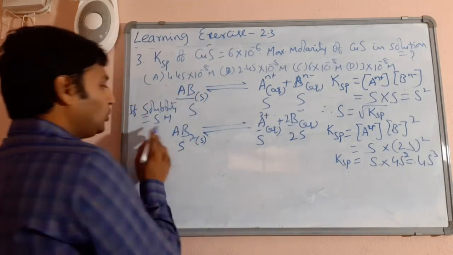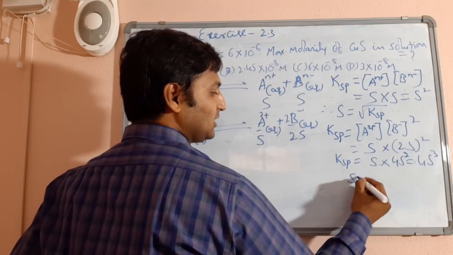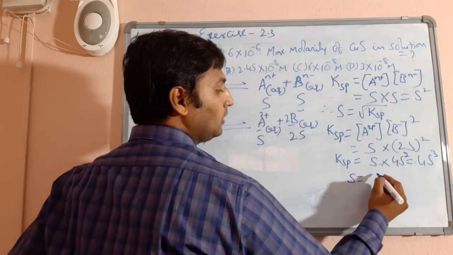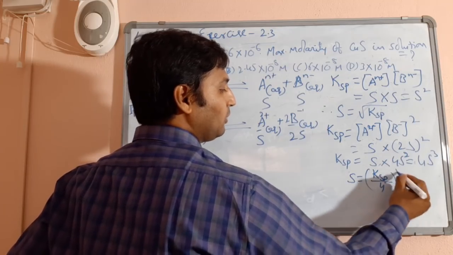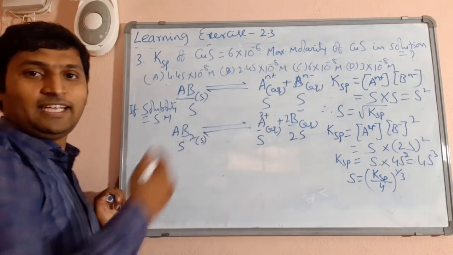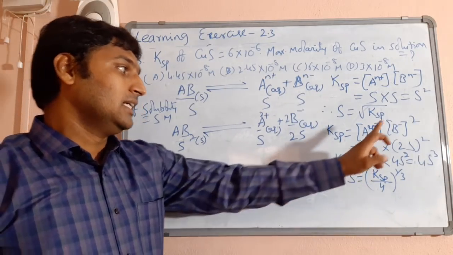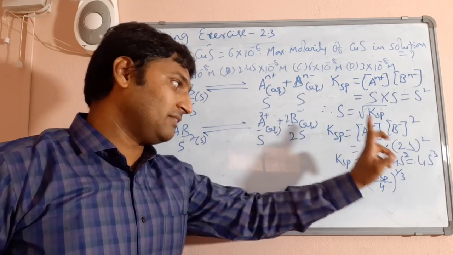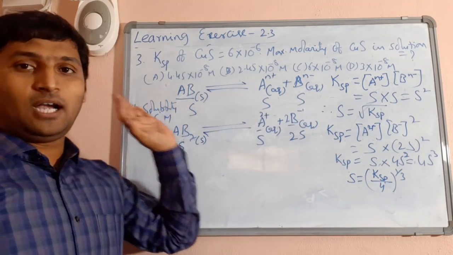So for an AB2 type salt, Ksp is 4S cube, so S will be Ksp by 4 to the power 1 by 3, that is the cube root of Ksp by 4. This is how, when solubility product is given, solubility is calculated.